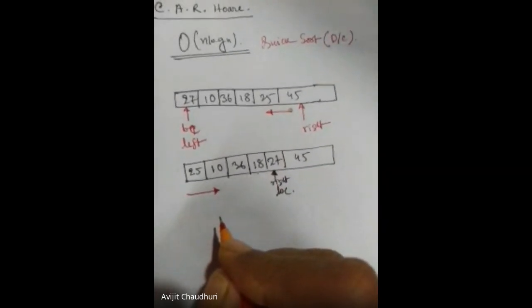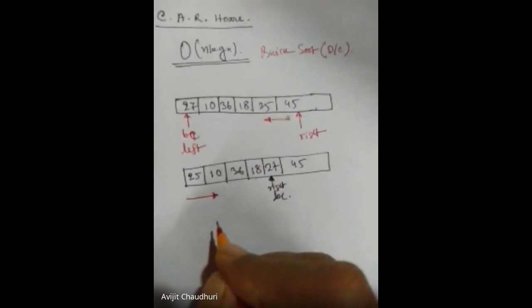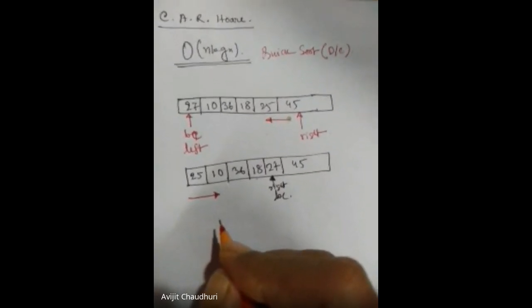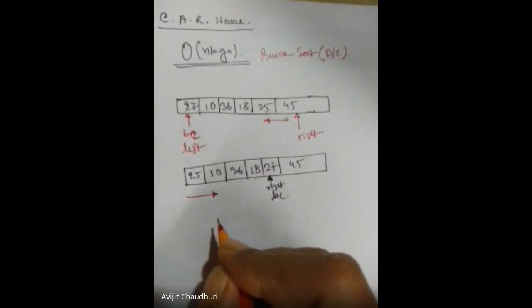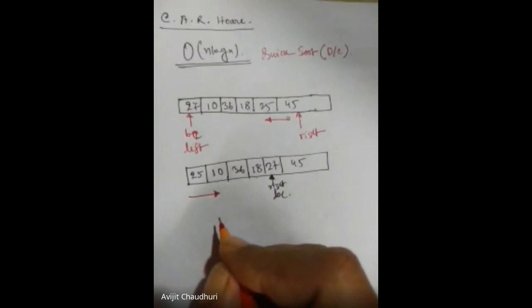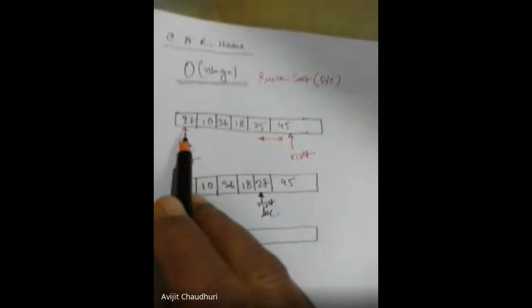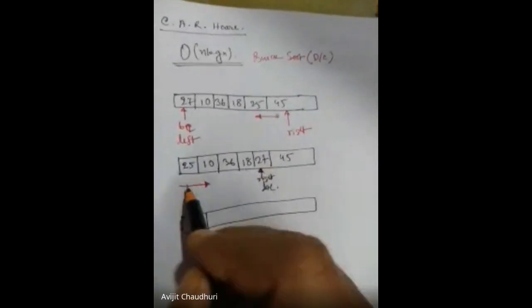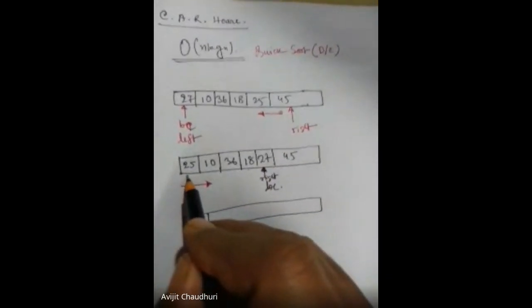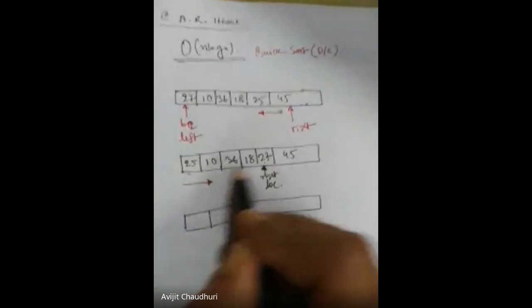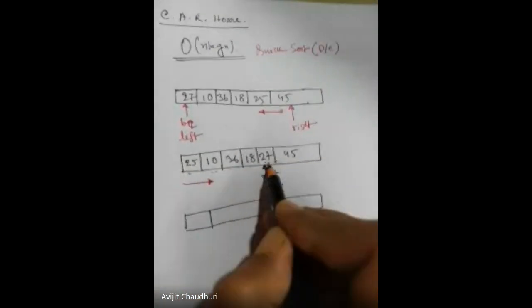So what will be the situation next? 25. No, actually the pointer is right at the location. 25 is lesser than that, 10 is lesser than that, 36 is higher than that.